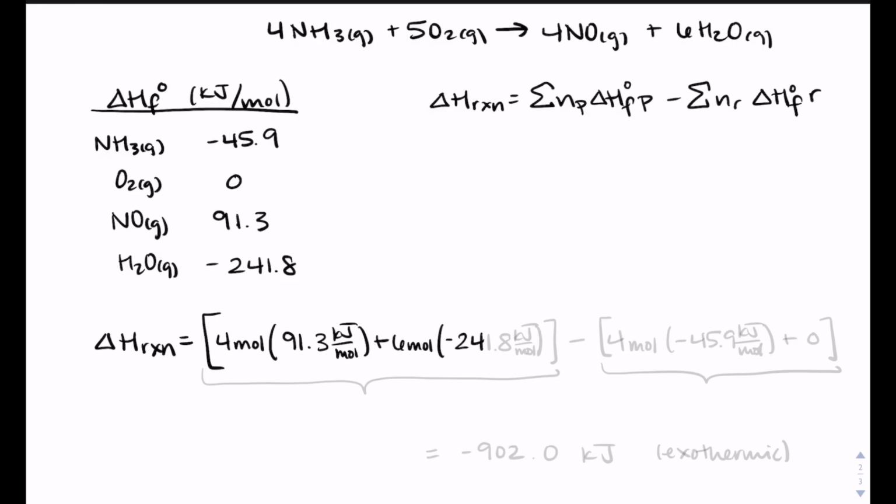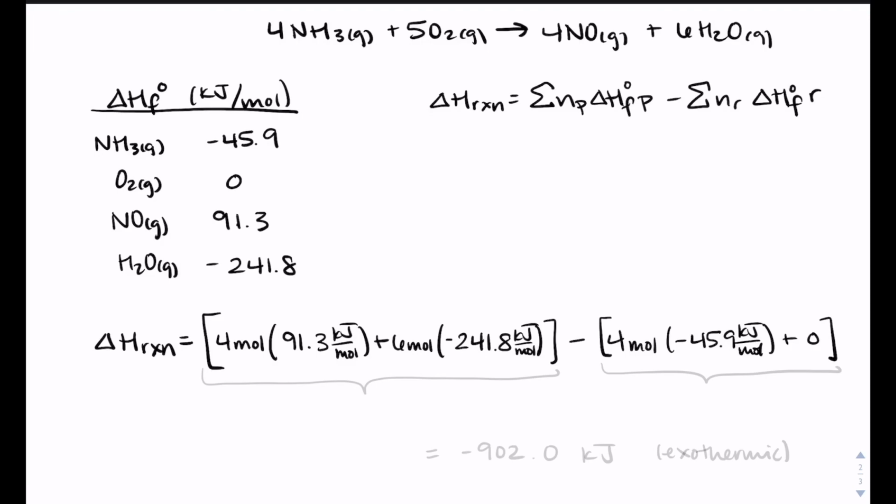And then I'm going to subtract the same thing for the reactants. So in the reactants, I have 4 moles of NH3, which is negative 45.9 kilojoules per mole. And then for oxygen, it's a 0. I mean, it's 5 times 0, but that still gives you a 0.